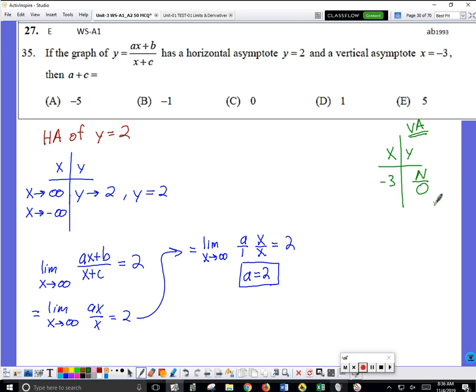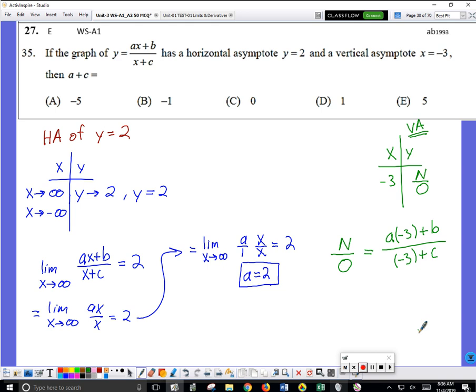So I use this clue. I take my formula. I have a multiplied by the x value of -3. But this has to be some number divided by 0. So hands up, what have I discovered? I find A and C accidentally. I don't really go looking for them, they just appear. Let's go, Derek.